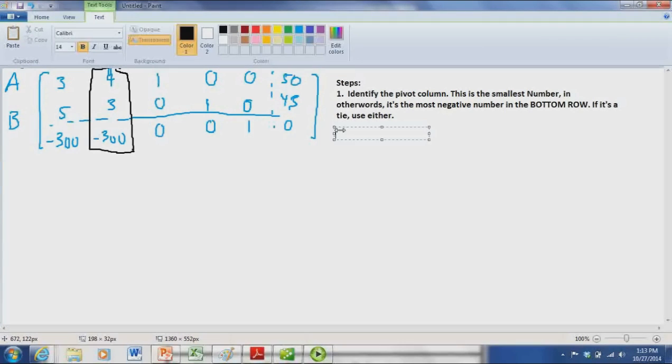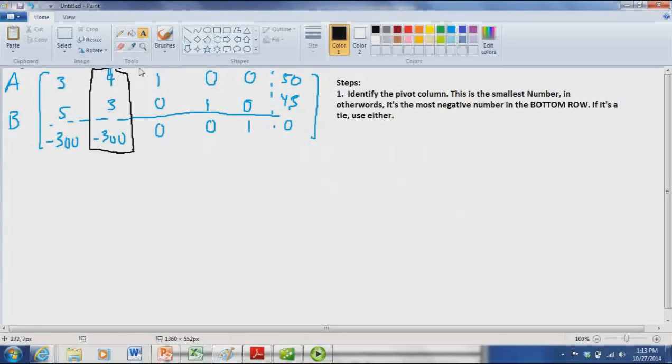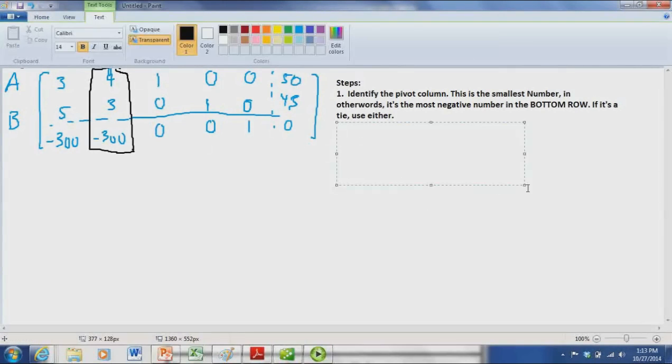All right, so the next step, step 2, is identify the pivot entry. To do this, divide each constraint, which is the last column, by its corresponding pivot column entry.